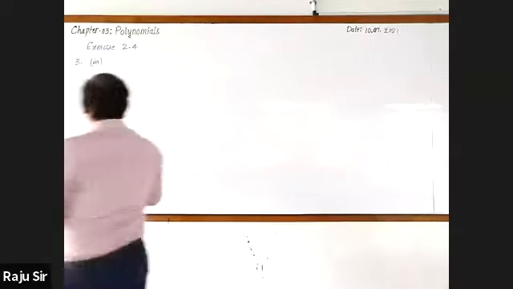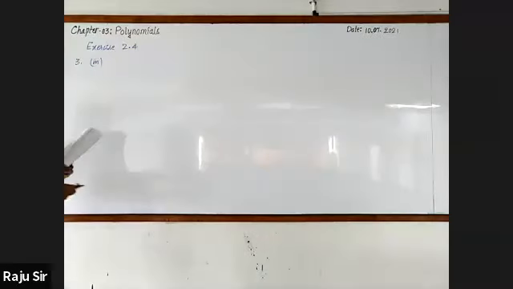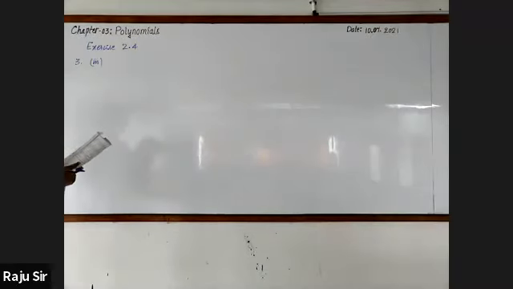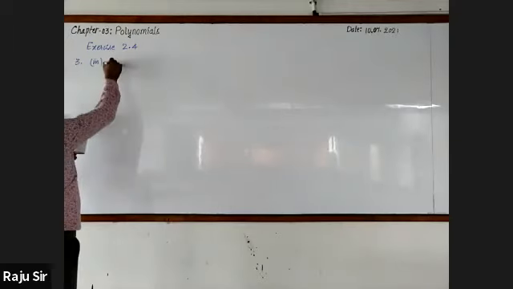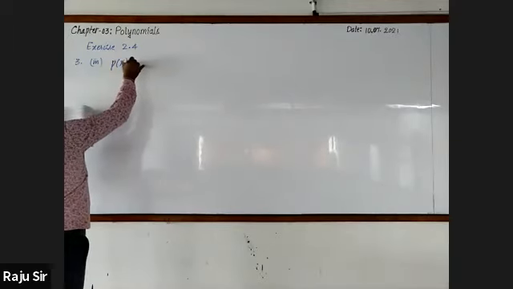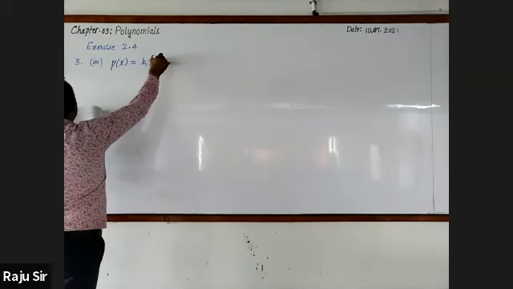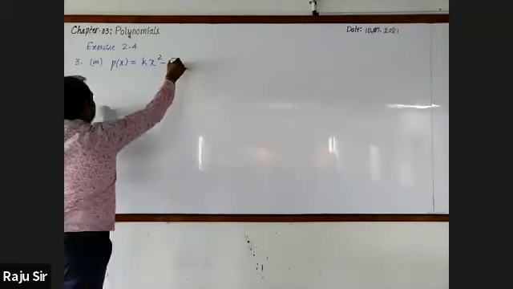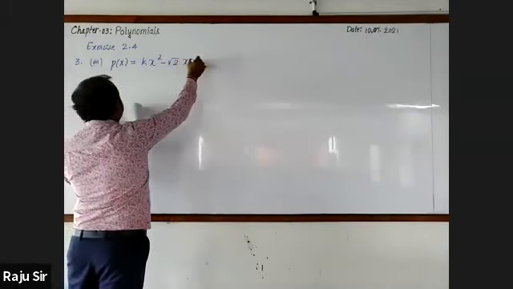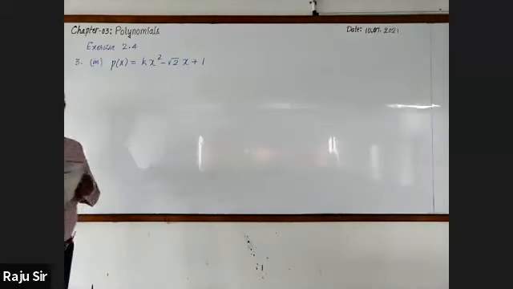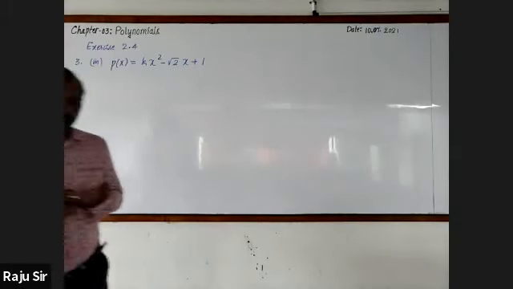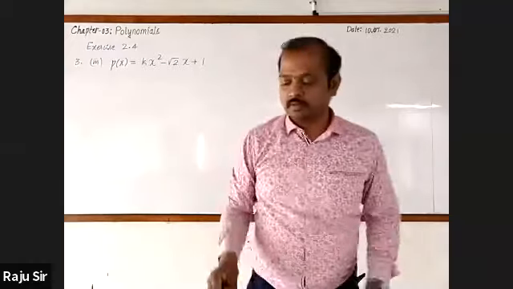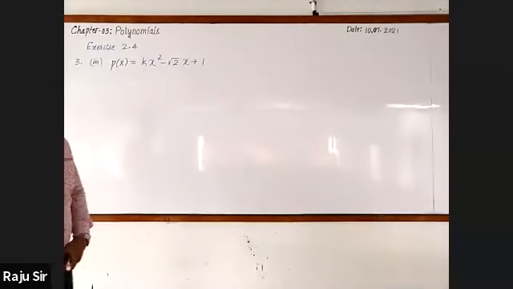Now, the third sub, it is finding the value of k when x minus 1 is a factor of p of x, which is equal to kx square minus root 2 into x plus 1. They only have given x minus 1 is a factor.